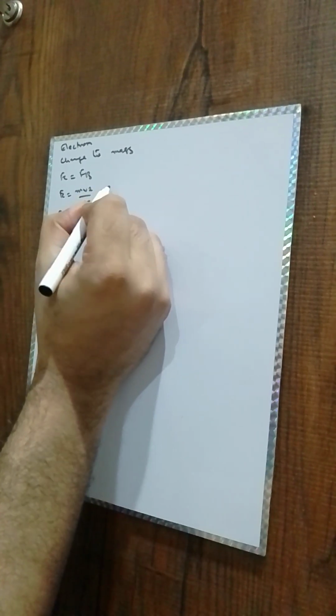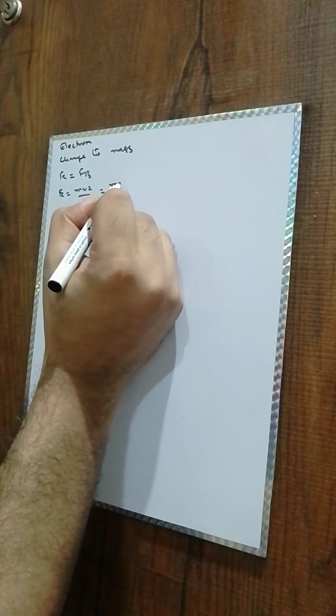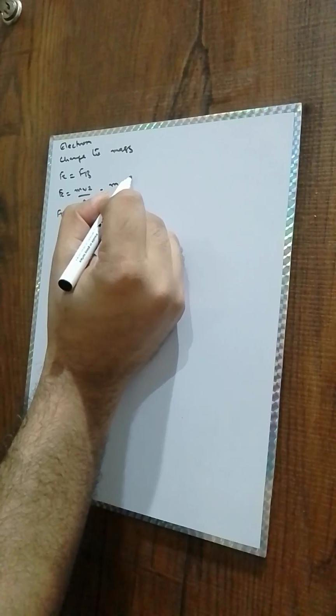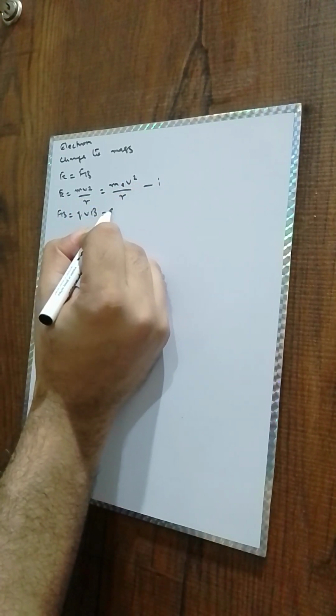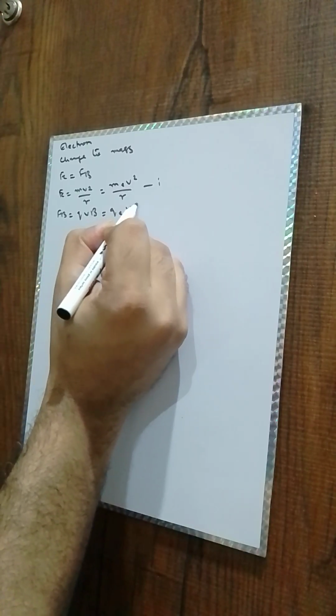In this case, the first one is the mass of the electron, velocity of the electron squared by radius, and in the second case we have the charge on the electron, the velocity, and the magnetic field in the atomic situation.